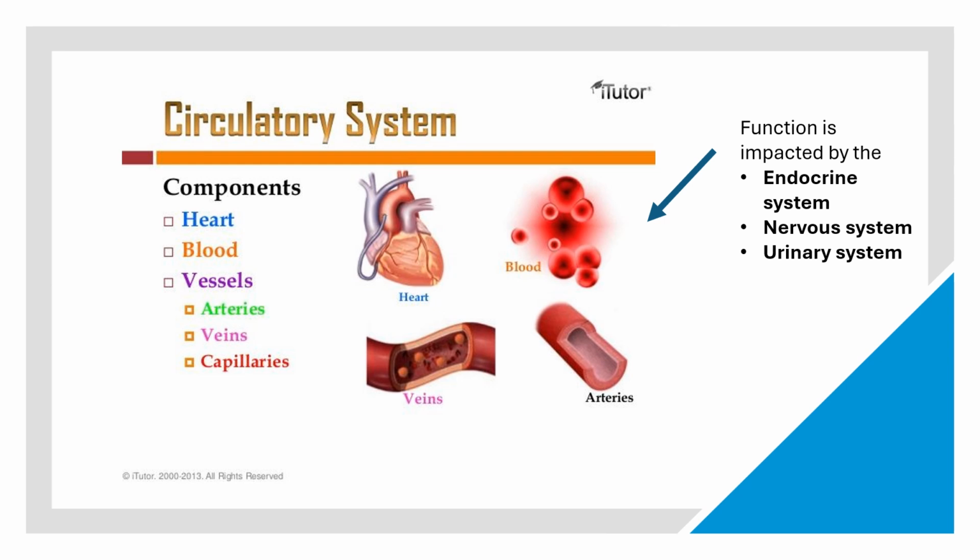The circulatory system, as you learned in anatomy 101 or 102, can't remember which one that was, consists of the heart, the blood, and the vessels that are part of a closed system designed to move oxygen, remove CO2, and move nutrients and water content throughout your body to the various cells that need it, and to allow for things that your body doesn't need to be excreted by the urinary system.